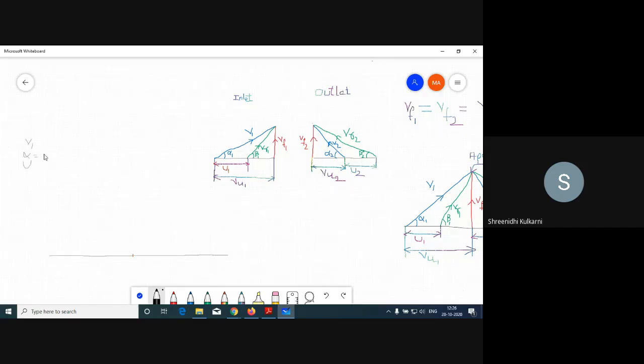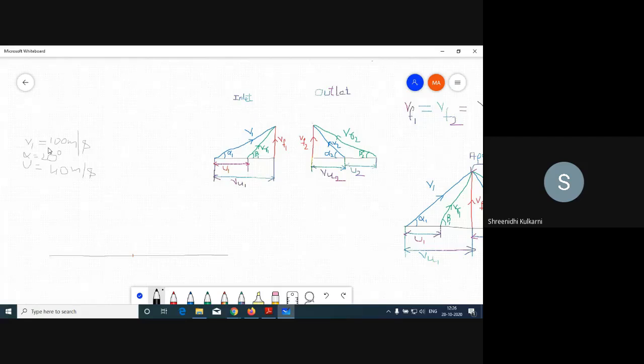Suppose alpha is 20 degrees, and the absolute velocity is 100 meter per second, and U is 40 meter per second. Whatever is in meter per second, we have to convert into a scale, so 1 centimeter equals some 50 or 100 meter per second.